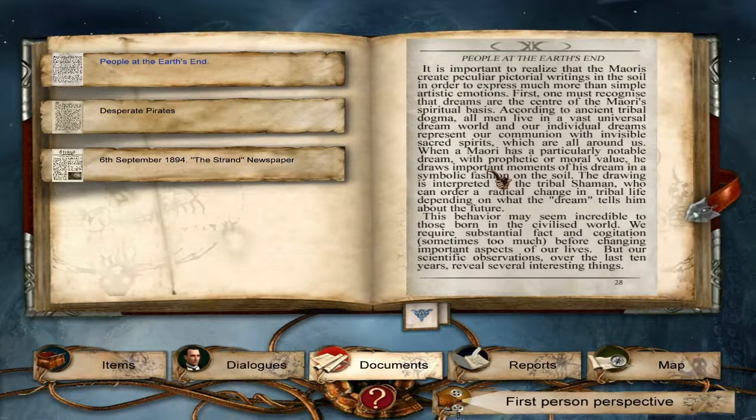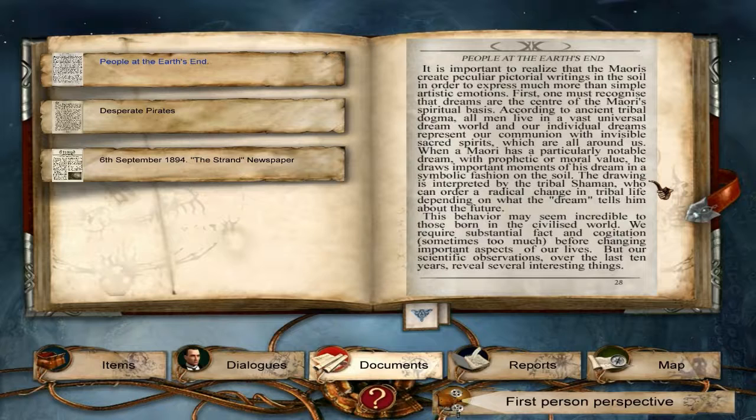When a Maori has a particularly notable dream with prophetic or moral value, he draws important moments of his dream in a symbolic fashion on the soil. The drawing is interpreted by the tribal shaman, who can order a radical change in tribal life depending on what the dream tells him about the future.